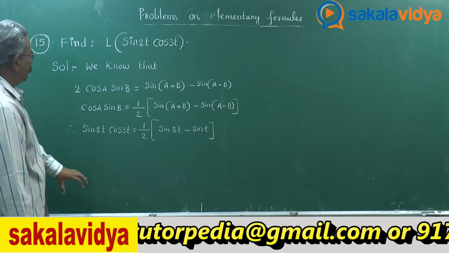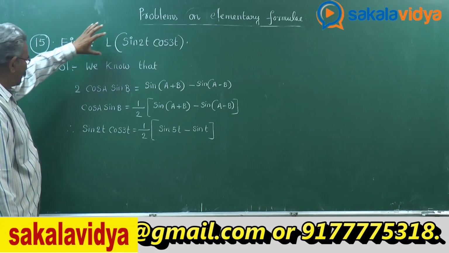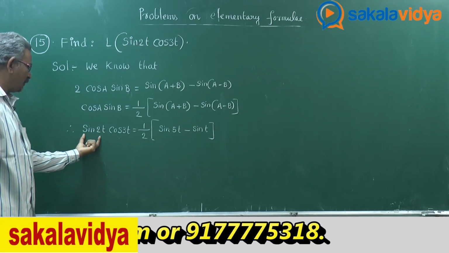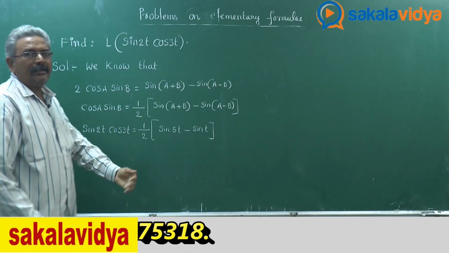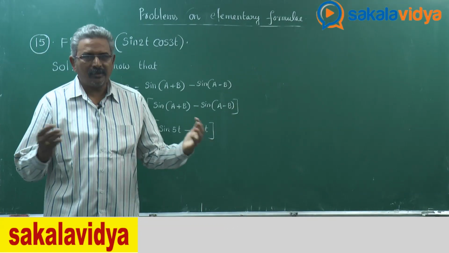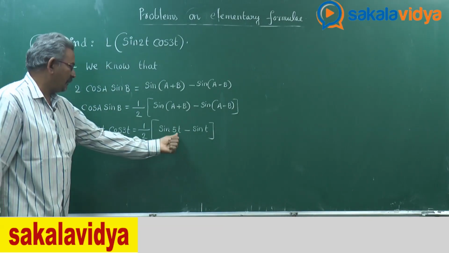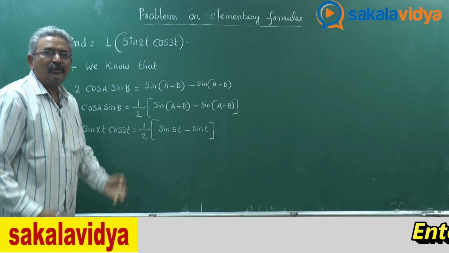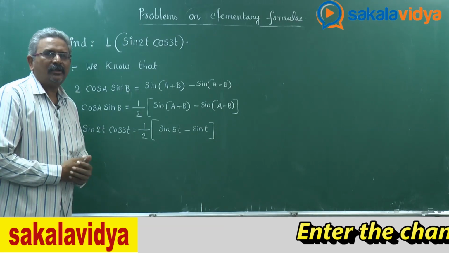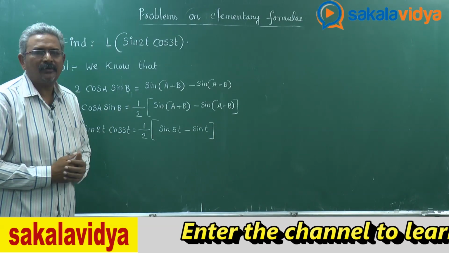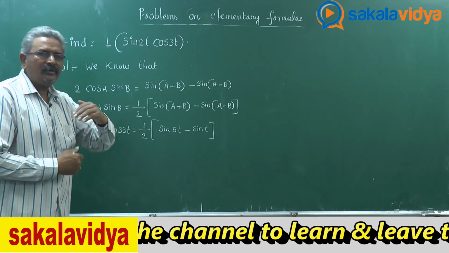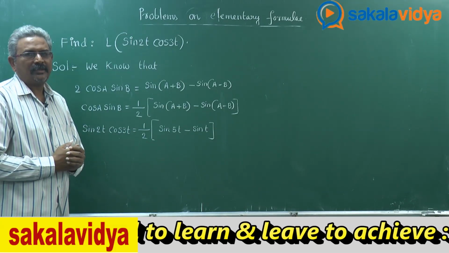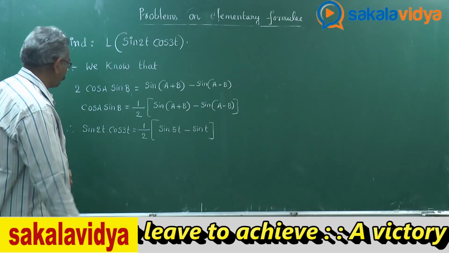So in order to find the Laplace transform of sin 2t cos 3t, it is enough to find the Laplace transform of half times sin 5t minus sin t using only one of the basic formulae, that is, the Laplace transform of sin at equals a by s square plus a square. So let us solve it now.